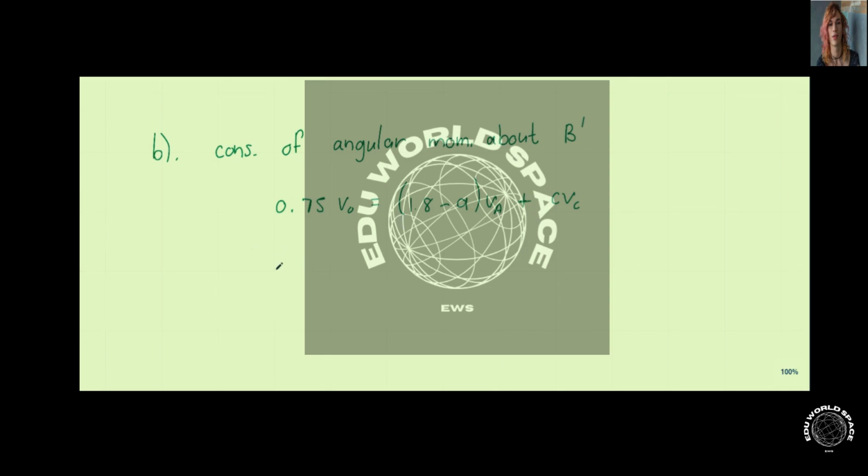Rearranging this equation, we get that A VA is equal to 1.8 VA plus C VC minus 0.75 V naught.